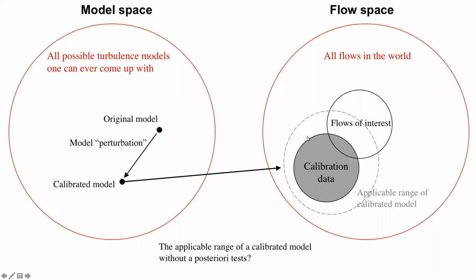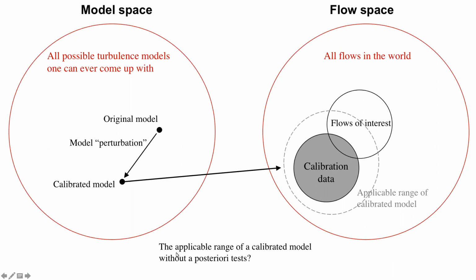We will have calibration data at a few limited conditions, let's say within this circle. We will have our original model. We can calibrate our original model against the calibration data by some model perturbation. This calibrated model will have an applicable range, and this applicable range potentially contains the range of calibration data.